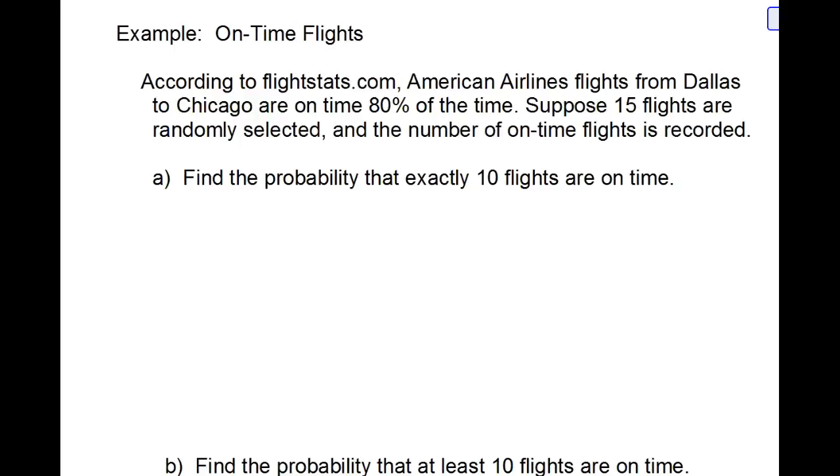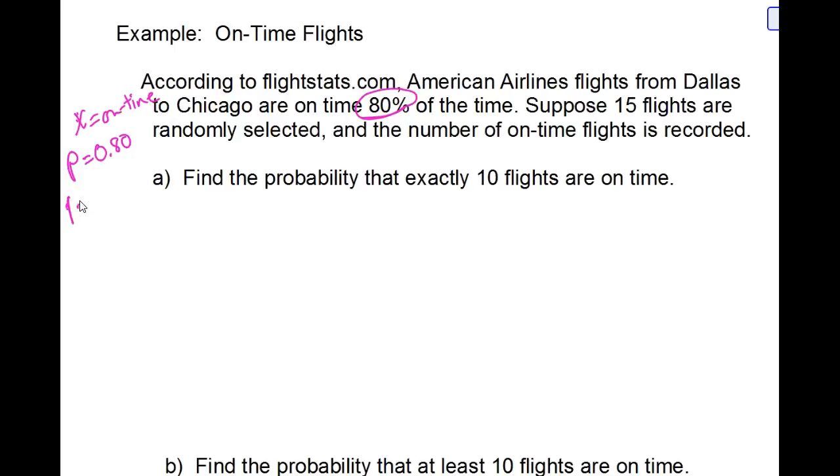So when you're looking at this, this is a binomial because either they're on time or they're not on time. And so a success is if they're on time. And the probability of that happening is 0.8.